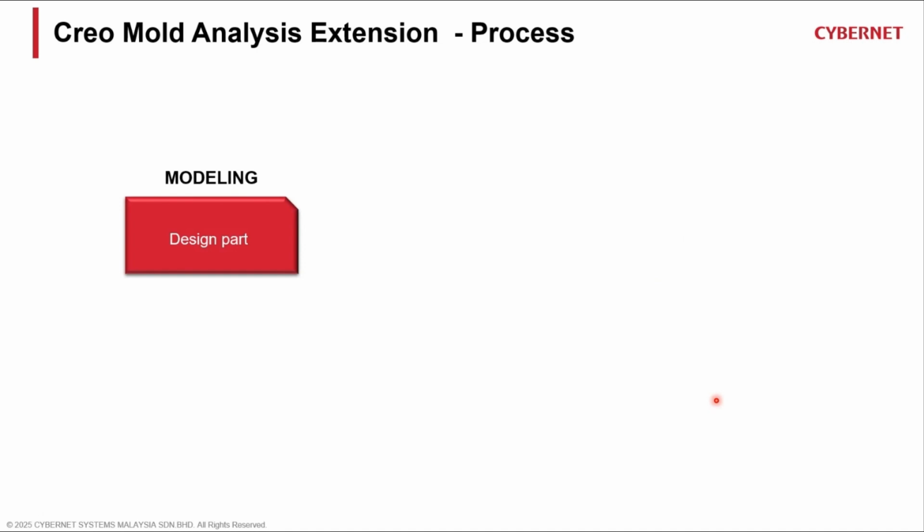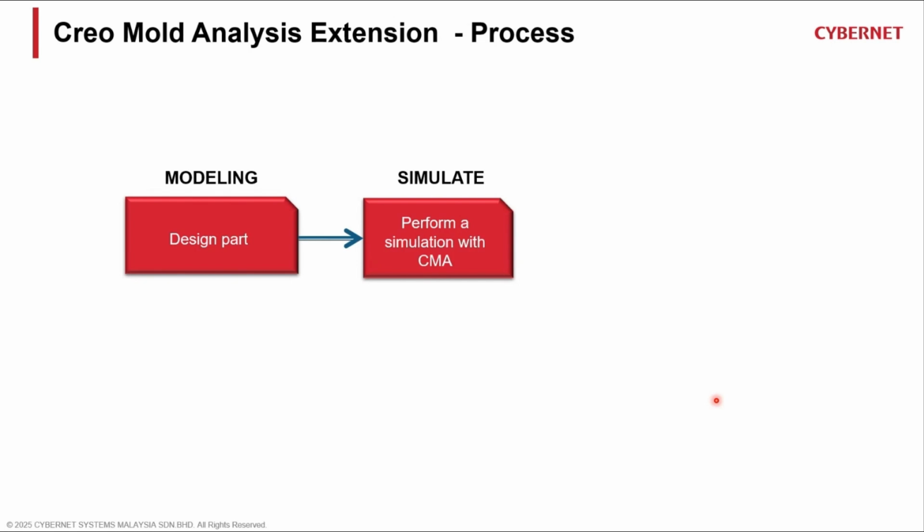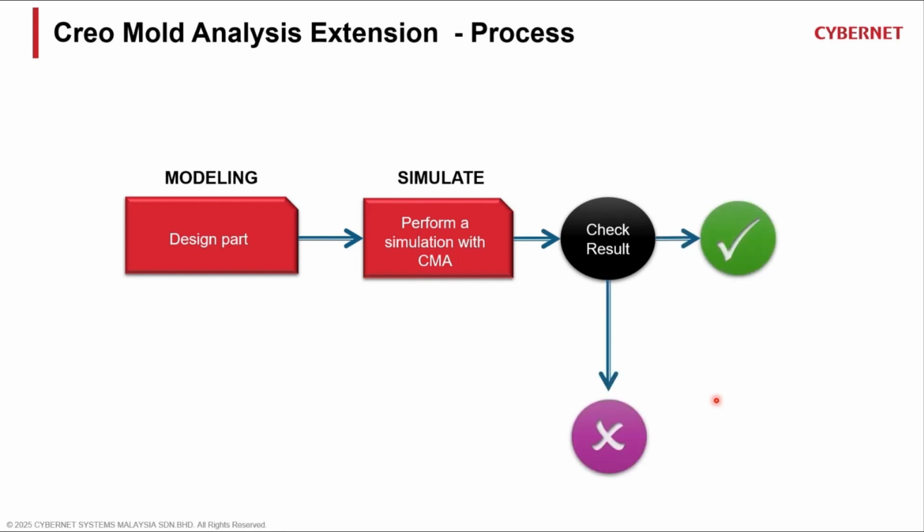For the process of doing this mold, we always start from the modeling, where we design our part. Then we perform a simulation with our Creo Mold Analysis. Then we check our result by looking through our report or some of the analysis. We commonly come up with two types of result. If it is okay, we proceed to manufacturing.